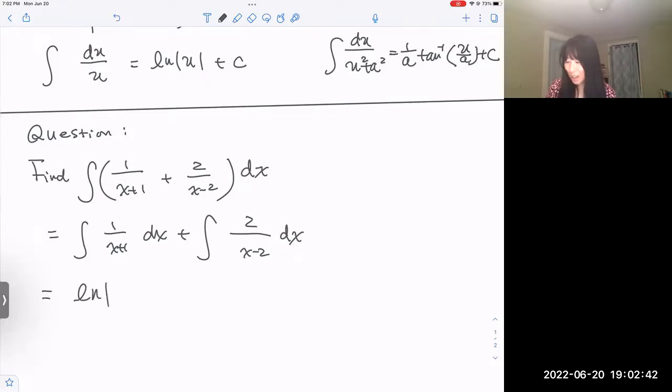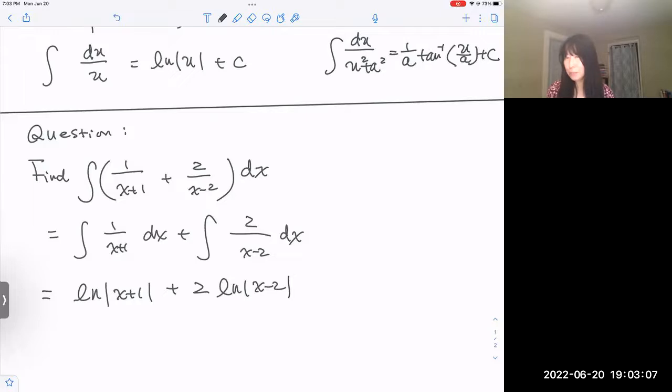No, this is ln absolute value of x plus 1. The first one, and the second one is 2 ln absolute value of x minus 2. You take the u-sub, let u equal x plus 1. What's du? It is dx, right? Then this is ln of x plus 1, and the second one as well.